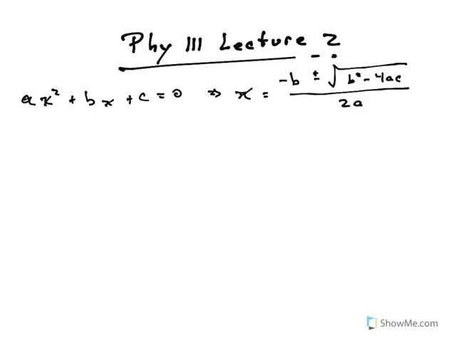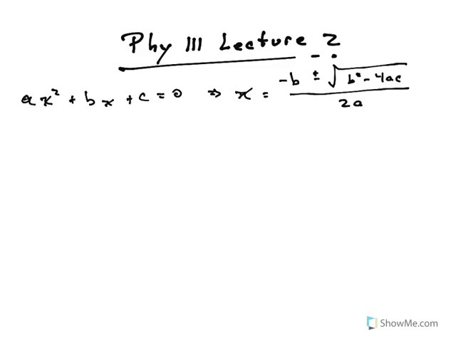And so, generally speaking, if you run across an equation that's quadratic, don't try to factor it. Just put it into the quadratic formula, and it'll give you your two answers. As a physicist or an engineer, you're going to look at those two answers, and you're going to figure out which one is the real world answer.